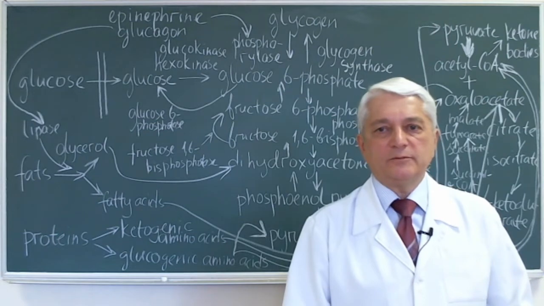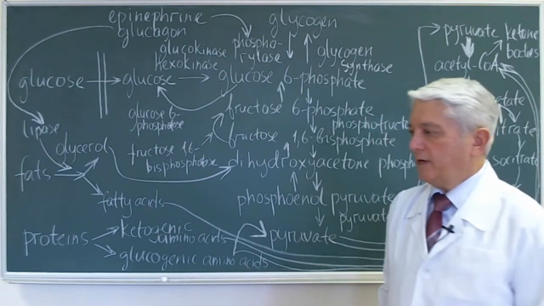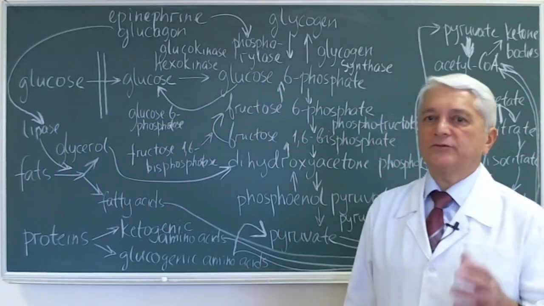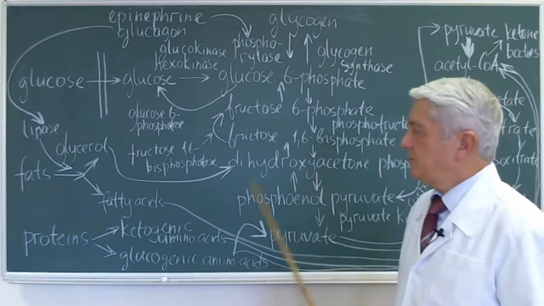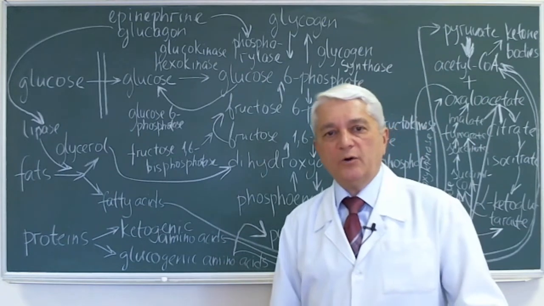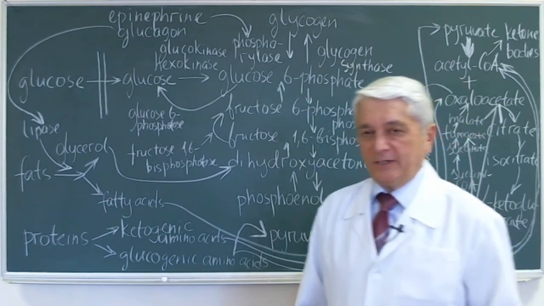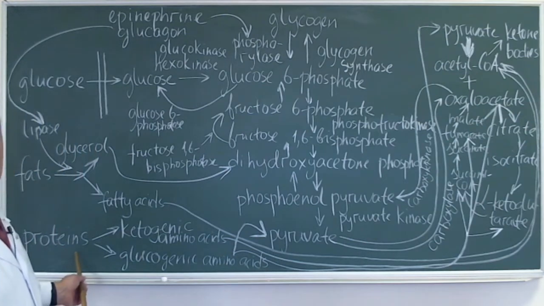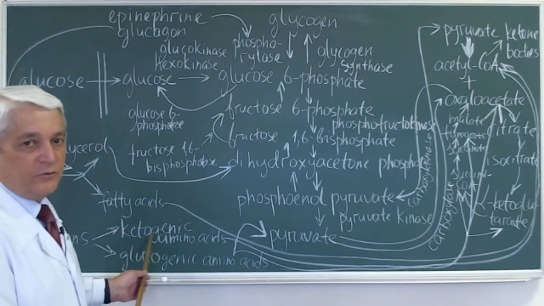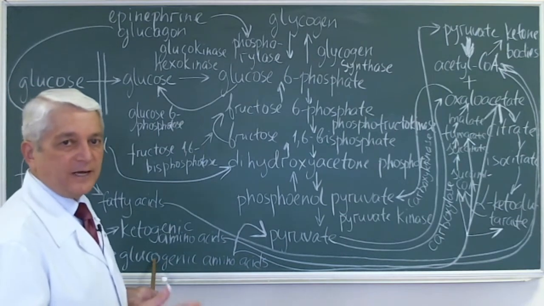And now let's solve some examples. For example, if we have aspartate. Aspartate is glucogenic amino acid. So on our scheme, we can simply show how aspartate can be transformed to glucose. After degradation of protein, we are receiving aspartate. I repeat, this is example.